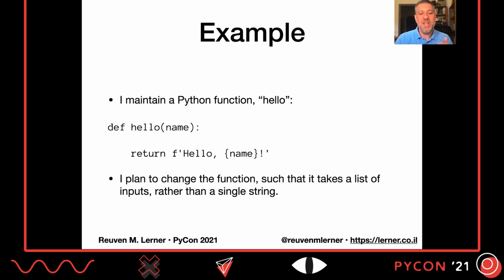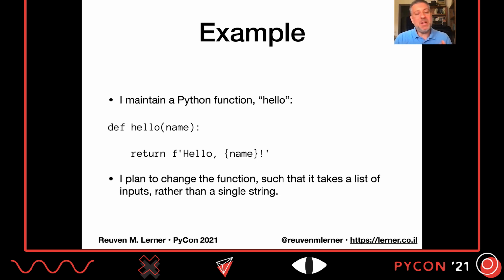So def hello(name) and return an f-string: Hello, curly braces name. Now I'm going to change this function. I'm about to change the API on all of my users, which is not the smartest thing to do, but fine. And now I want to take a list of inputs rather than a single string. How can I notify my users they should start passing me a list of inputs rather than a single string?